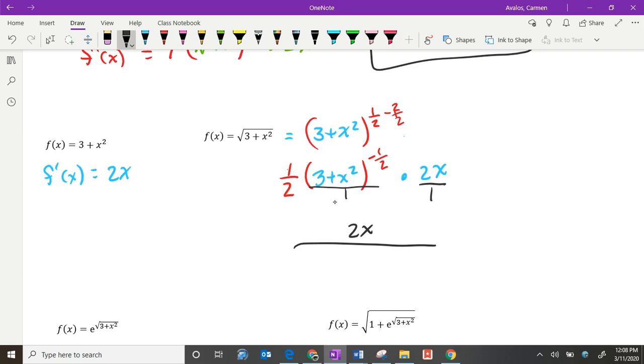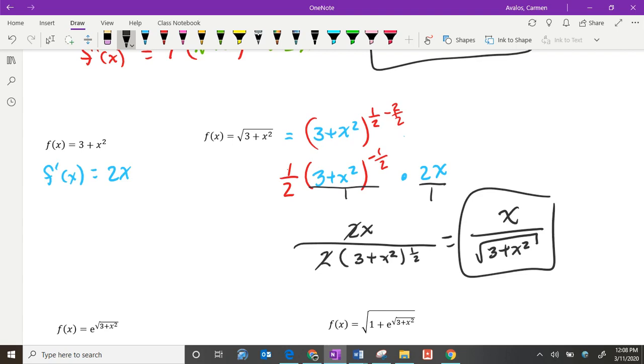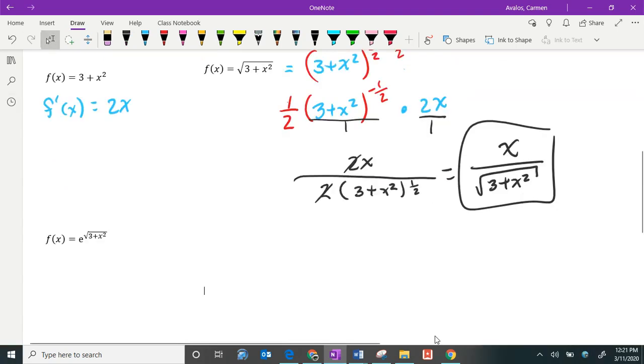This comes down, and that's still in the denominator, and it's being multiplied. 3 plus x squared to the 1/2. The 2's, because everything's being multiplied, cancel out, and so your final answer is x over the square root of 3 plus x squared, nothing else to reduce.